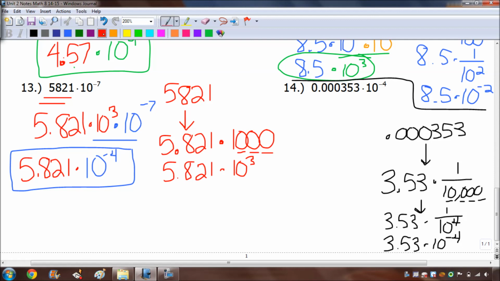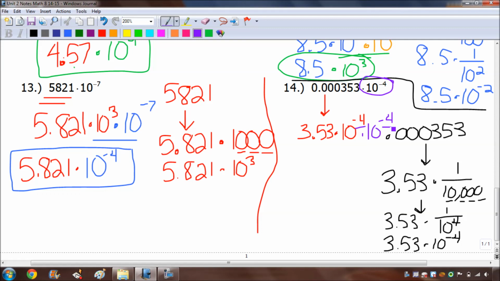So then I end up getting right here, let's block this off, 3.53 times 10 to the negative 4th power, but that's being multiplied by a new set of 10 to the negative 4th power. Now, don't let the fact that these exponents are the same confuse you, because it's just a coincidence that they ended up being the same.